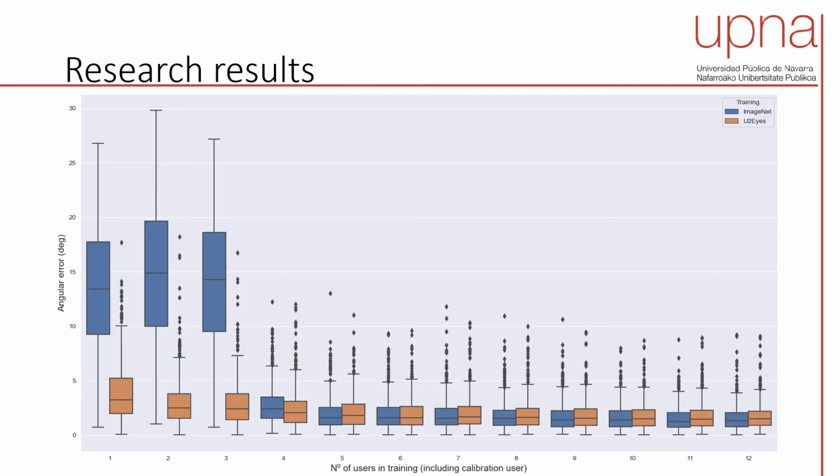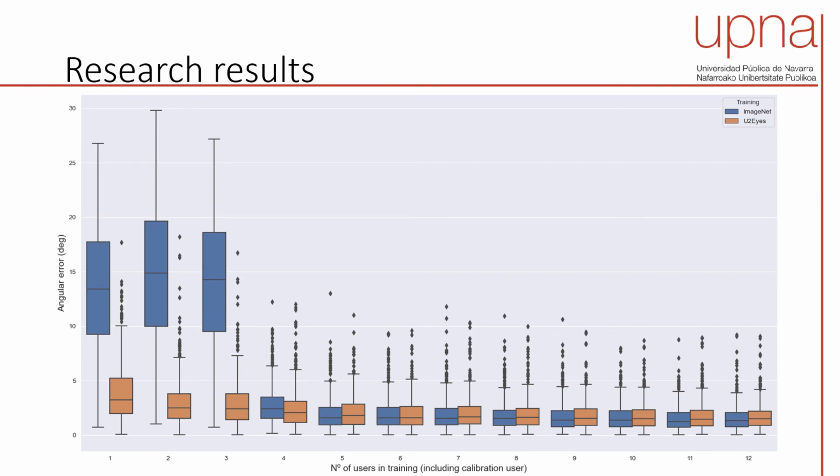The test results obtained for the network's training are shown in a box plot diagram in the figure. In an orange box plot, the results were obtained when the network was pre-trained over the U2ICE dataset, the closed domain. In blue, the results obtained when the ResNet-18 backbone makes use of the ImageNet weights. The x-axis in the graphics represents the number of users used in the training phase.